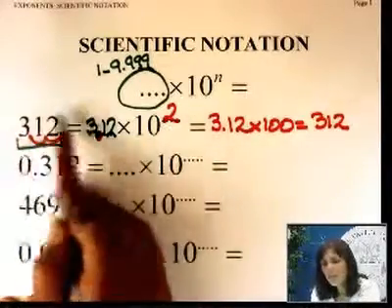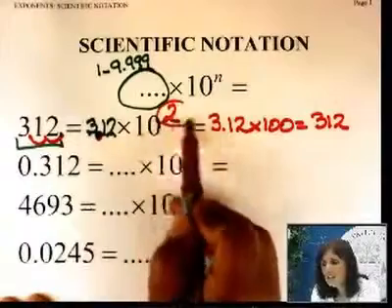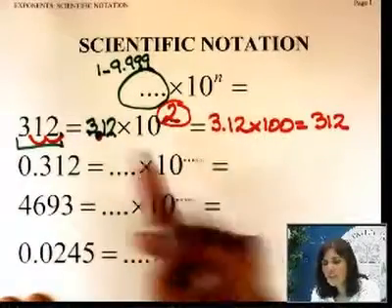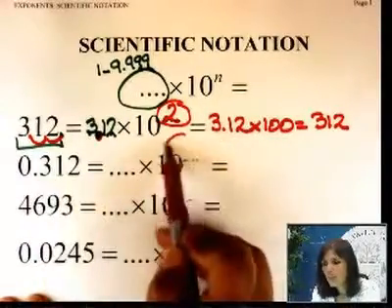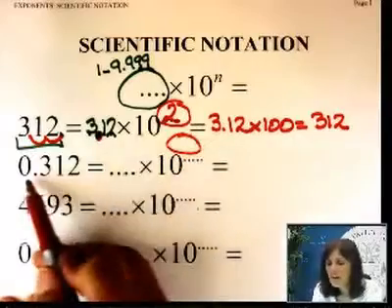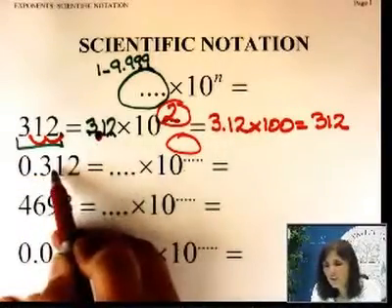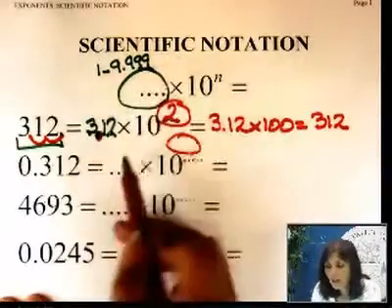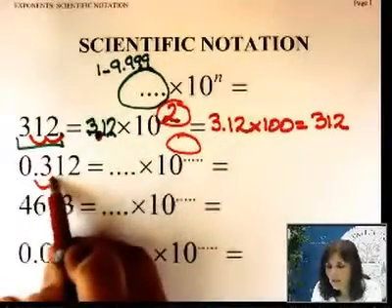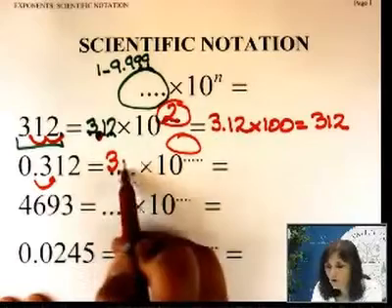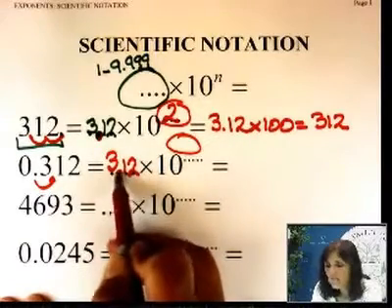So when you have a big number, this exponent is going to be positive. When you have a small number, this exponent is going to be negative, and I'll show you how that works. 0.312, if I write this number with a decimal between 1 and 9.99, I need to move that decimal here, 3.12. Do you see it?